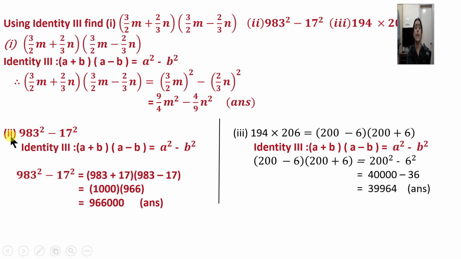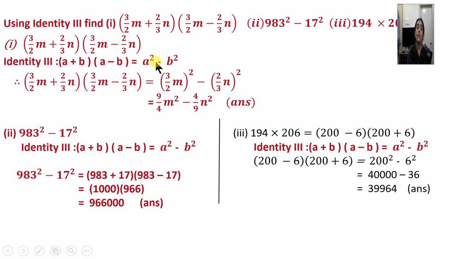Now let's take the next question. 983 the whole square minus 17 square. Now this 983, I can write it down as, now already you are given a square minus b square. So now I will take the reverse of it.